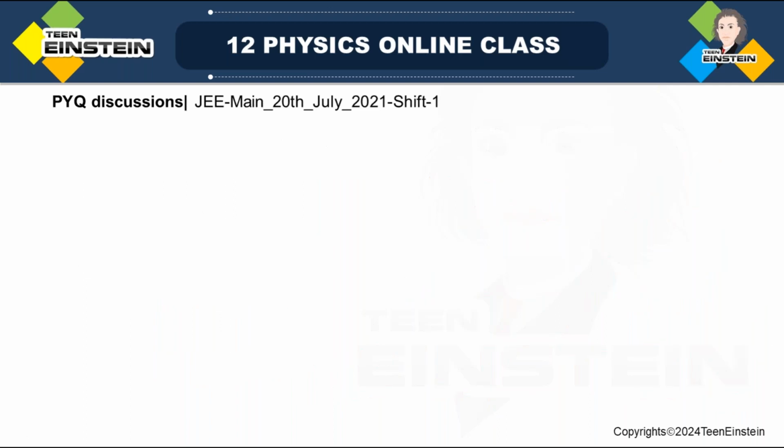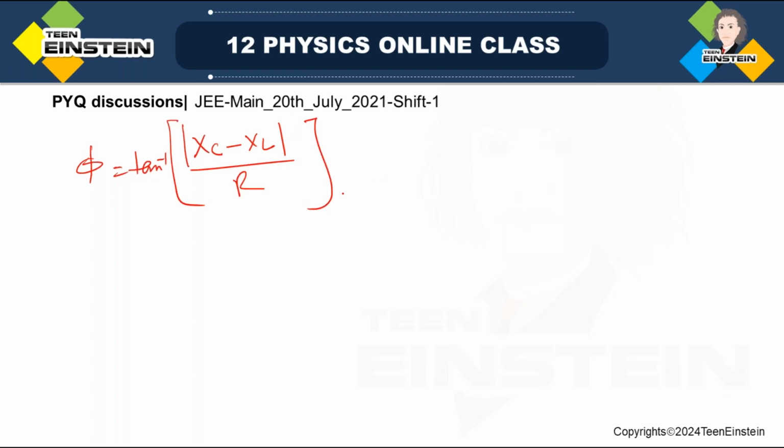So what is the inference we are getting from here? See, we know that phi is actually tan inverse of the mod of XC minus XL divided by R. Okay, not mod actually, like this. So if XC is much greater than XL, this gives a positive quantity.